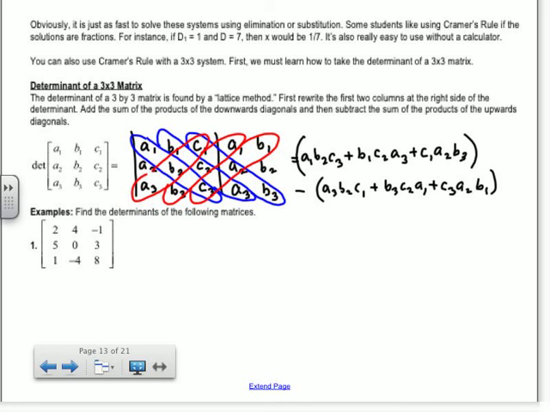Okay. So if I want to find the determinants of the following matrices, so for this first matrix, I have 2, 5, 1, 4, 0, negative 4. So I tack on the first two columns.